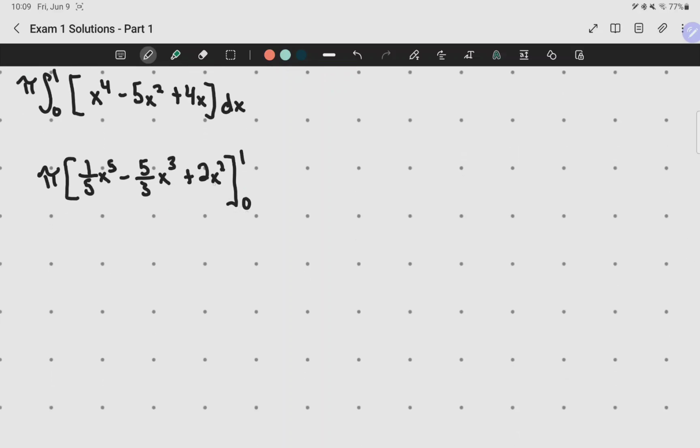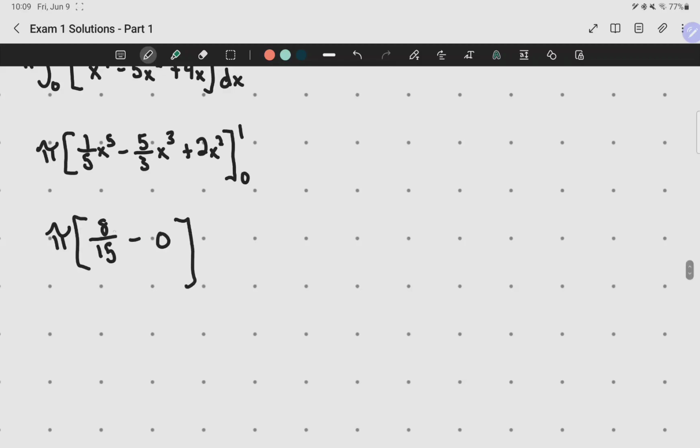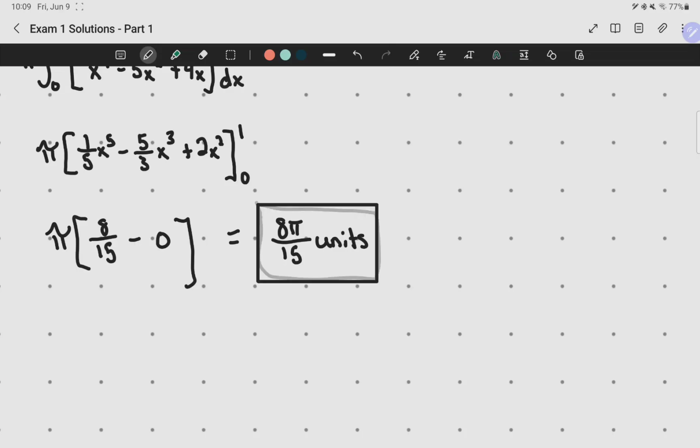All the zeros, when you plug them in for x, will make 0, so we will just focus on the 1, though we still show that this makes 0. Our first part, 8 over 15 minus 0, equals 8 pi over 15 units. And that'll be our answer.